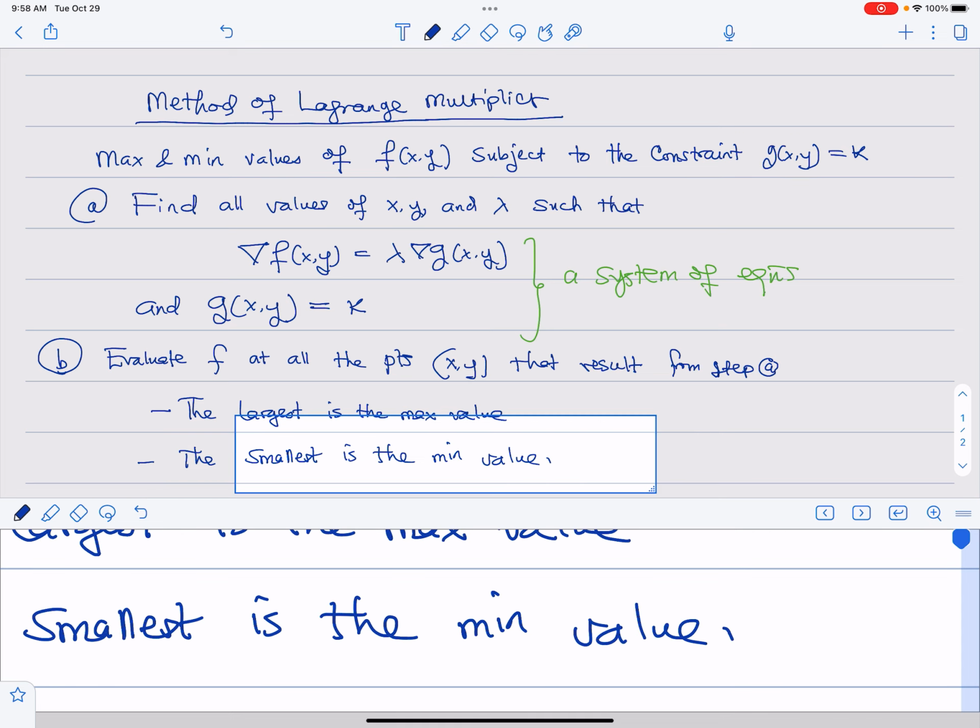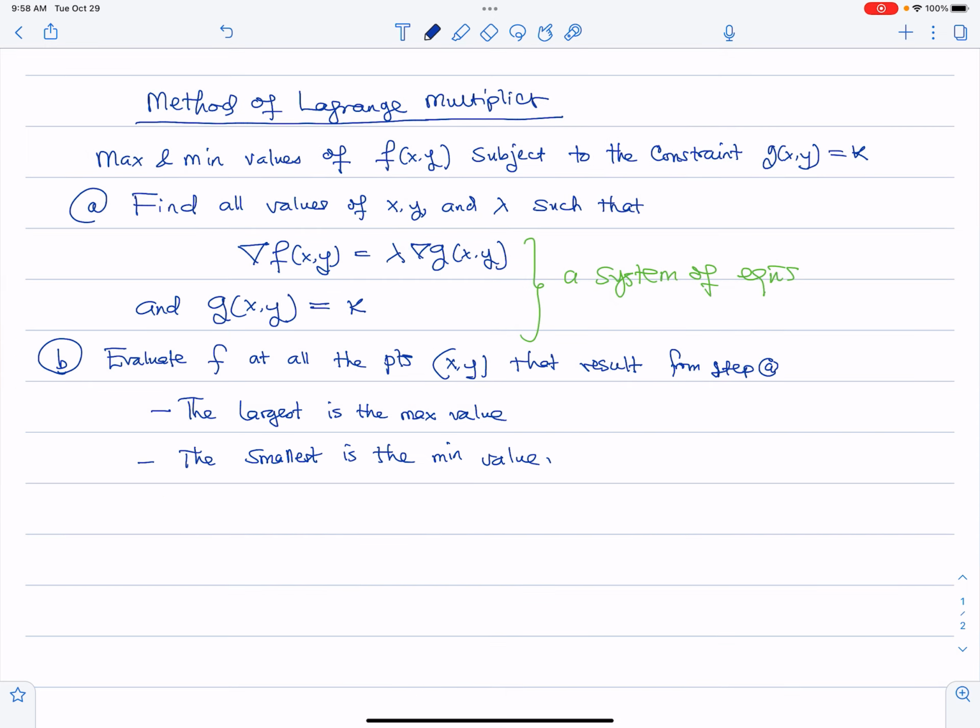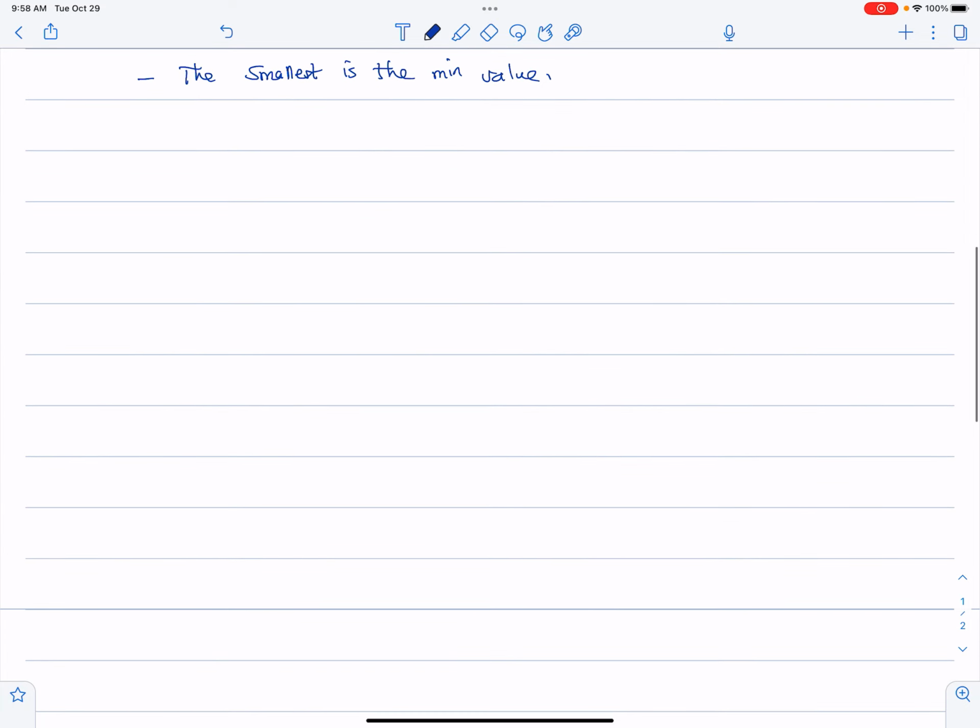Okay, so let's look at some examples. Let me look for a quick example.